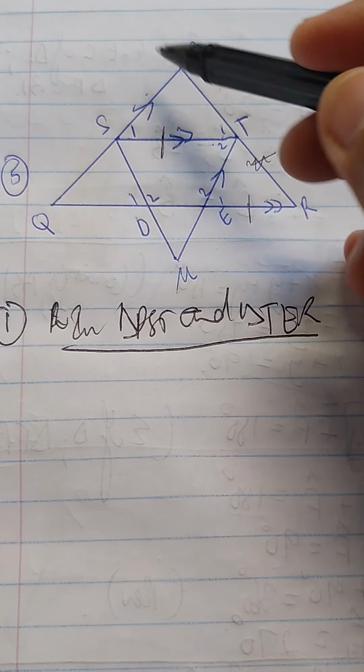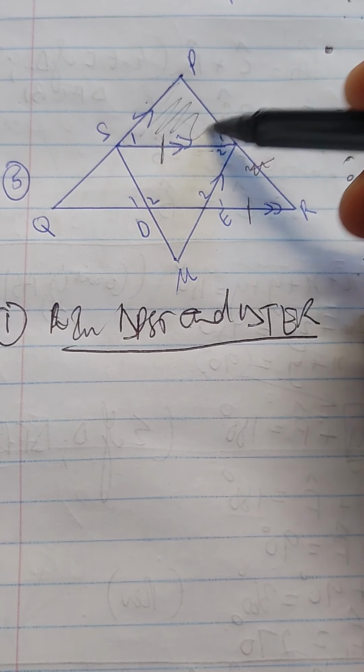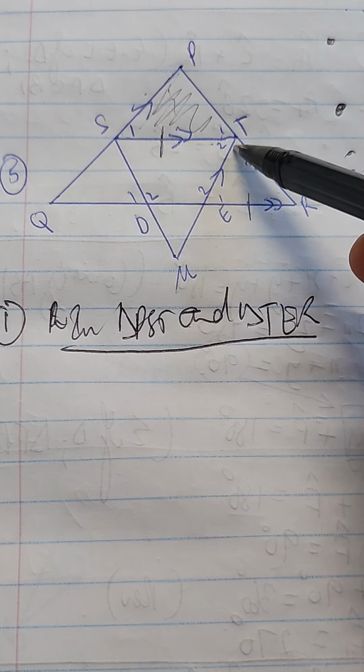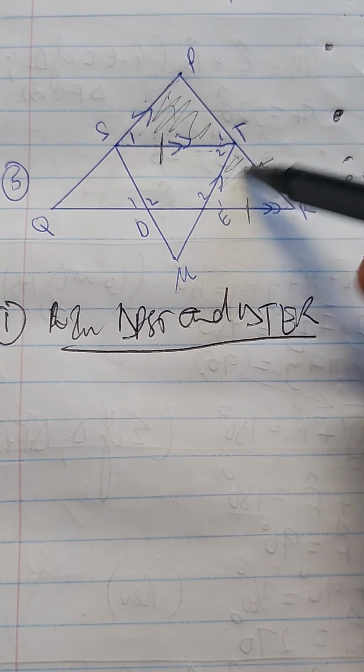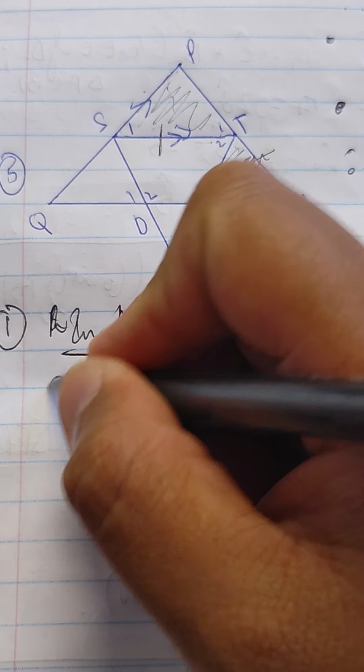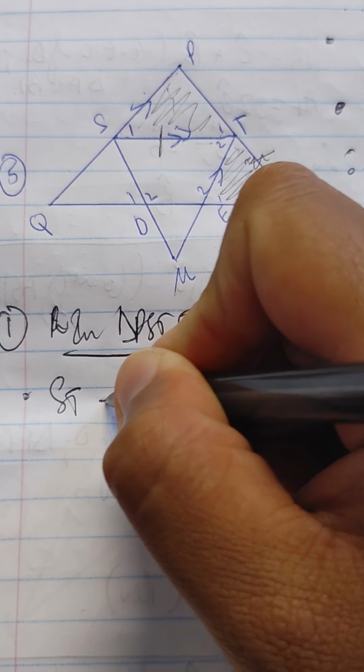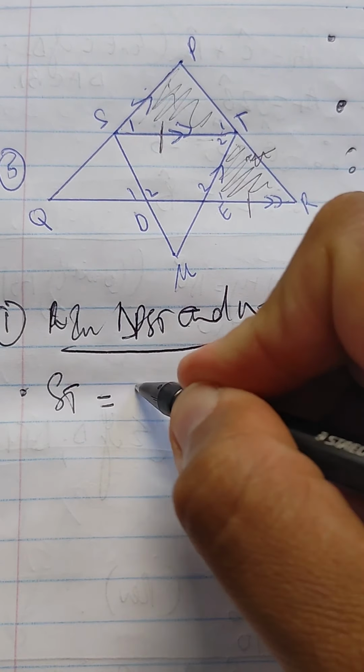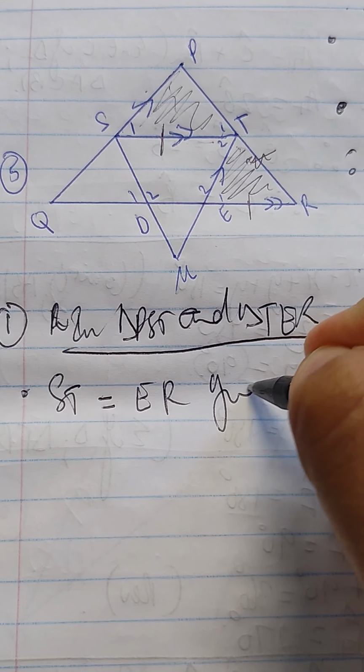So let's go P, S, T, and T, E, R. What can we say? We can say that the first one is ST is equal to ER. Why? It's given equal.